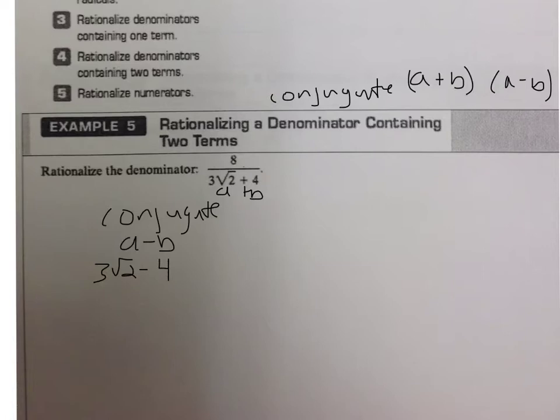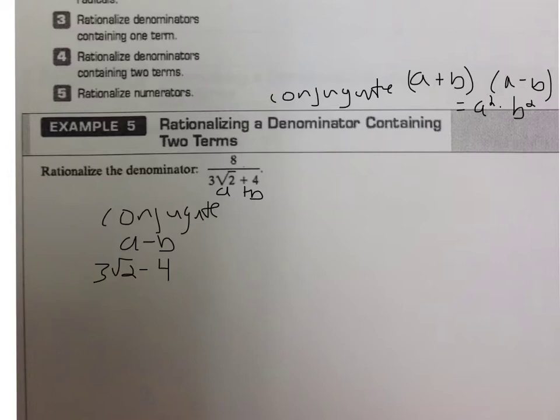So that's what I'm going to multiply top and bottom by. And what it does, because a plus b times a minus b gives us a squared minus b squared, it gets rid of any square roots because we're going to be squaring that term, and a square cancels out a square root.